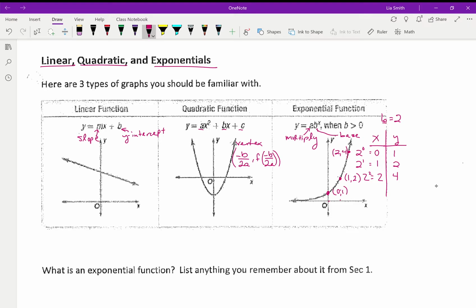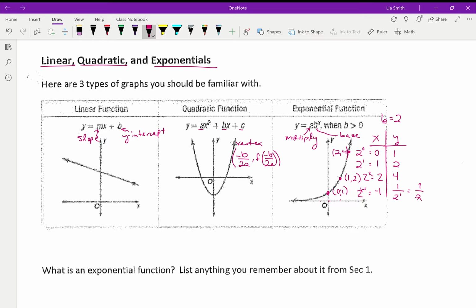So what if x equals negative 1? This would be b to the negative first power. And if you think way back to Unit 3, we learned that a negative exponent just means put that whole thing in the denominator. So 2 to the negative first power is actually equivalent to 1 over 2 to the first power, which is 1/2.